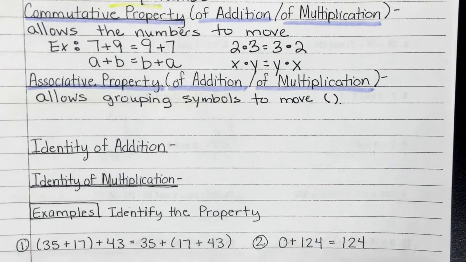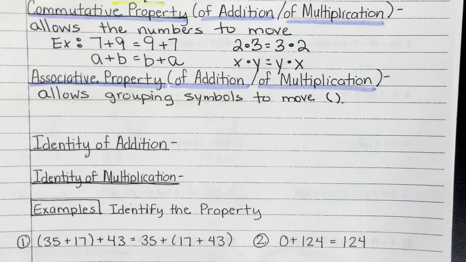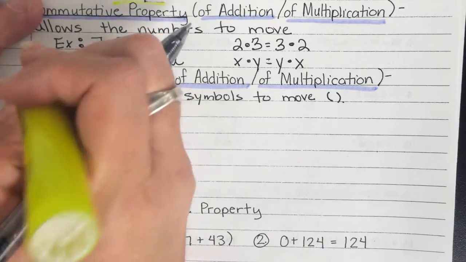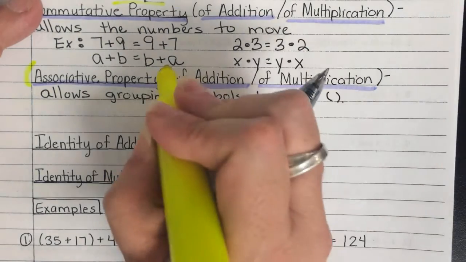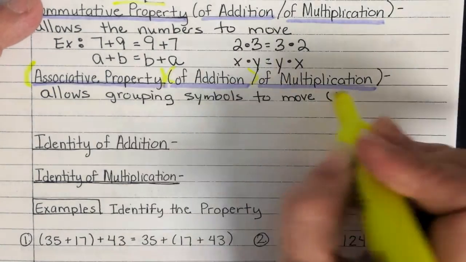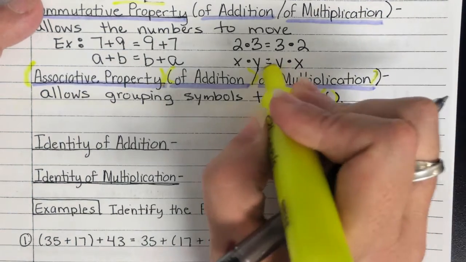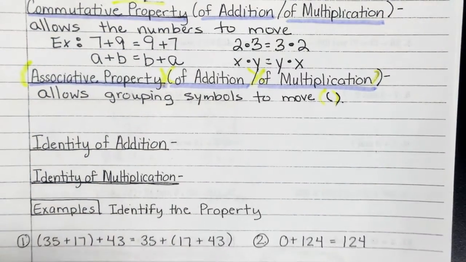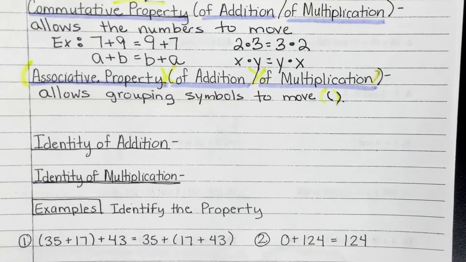Parentheses are the key with associative property. I think of a company: I associate with these people and then I associate with these people, but we don't change. If it helps, I just keep putting parentheses around everything, because associative has to have parentheses. If you don't see parentheses, it can't be associative property.